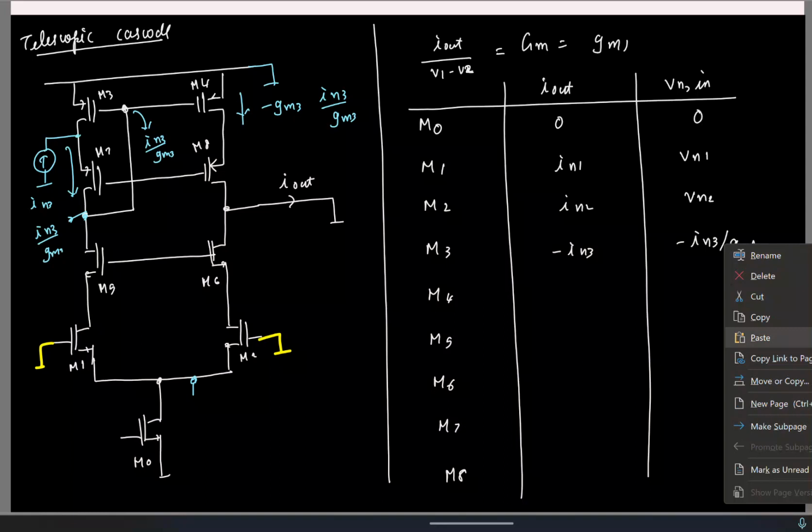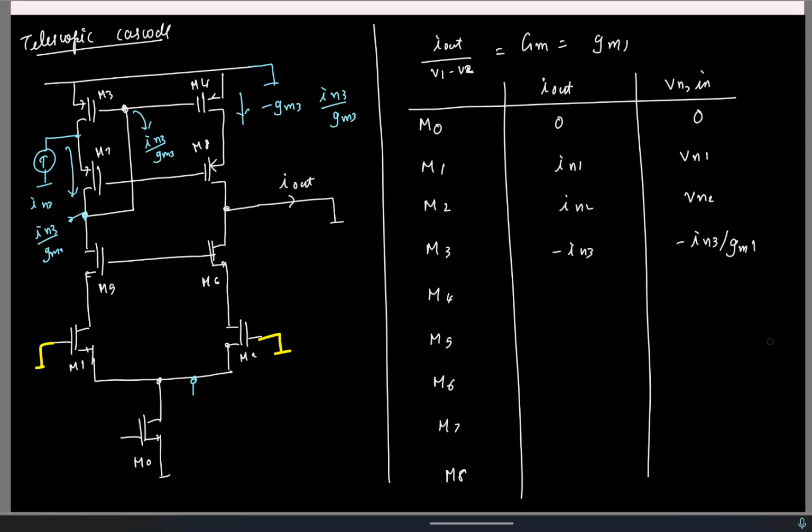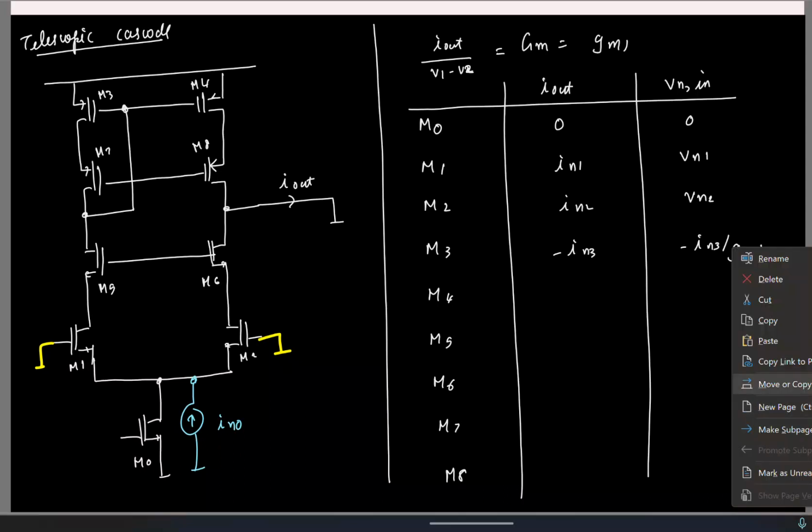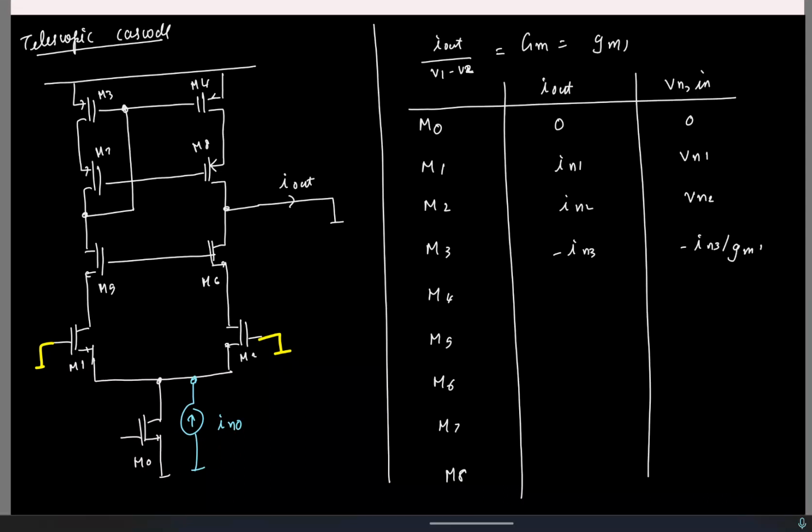Now let's look at M4. Now similar situation, what will happen to this current IN4?